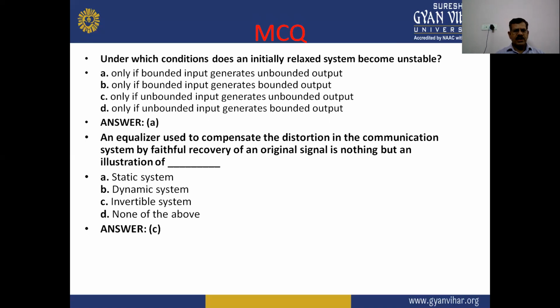Option A is static system, option B dynamic system, option C invertible system, and option D none of the above. So an equalizer used to compensate the distortion in a communication system by faithful recovery of an original signal is nothing but an illustration of an invertible system. So the correct answer here is option C.